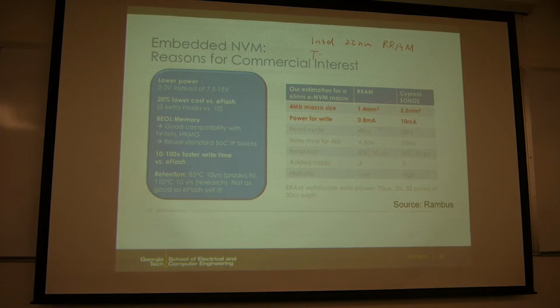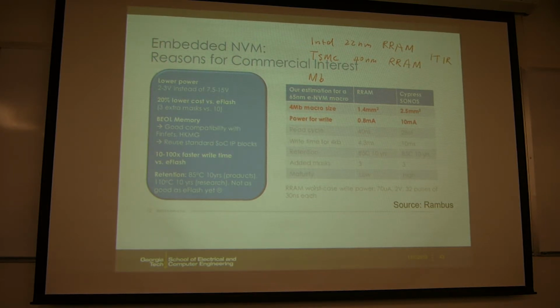And TSMC, at last year's ISSCC, has a 40 nanometer RRAM. So those are for embedded applications. The capacity is megabit level. So the target is to replace the eFlash. Is it 1T1R? Both are 1T1R, yeah. The T is FinFET. For Intel, yes, the T is FinFET.